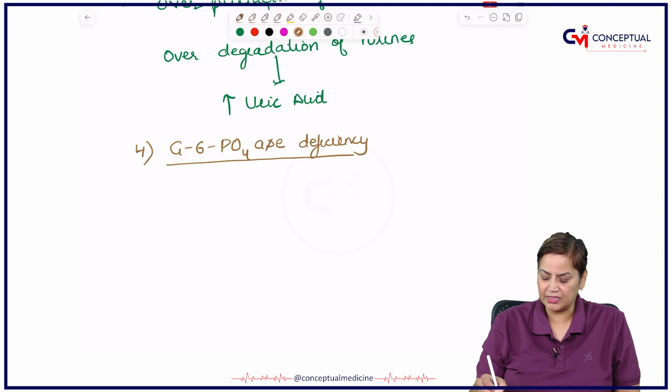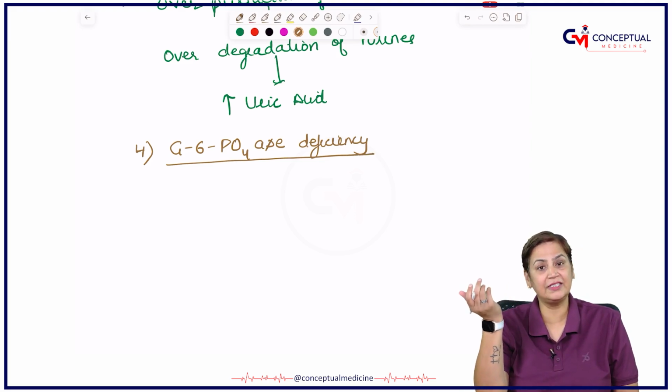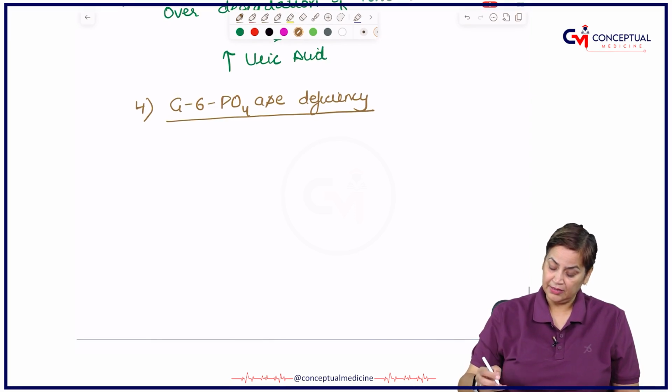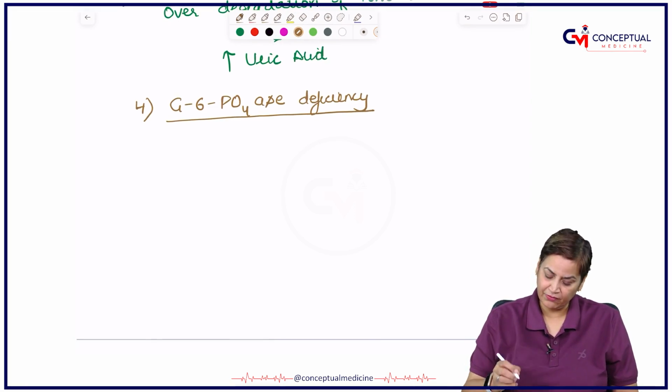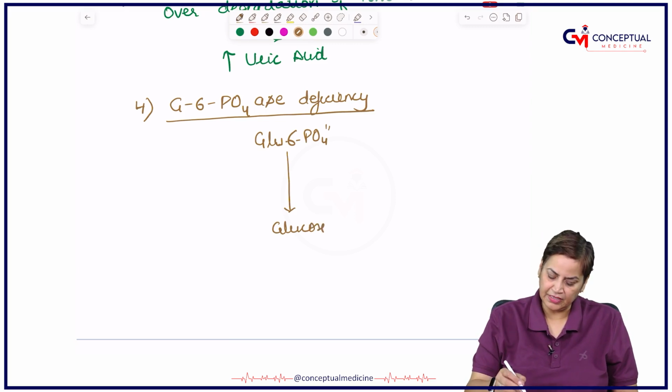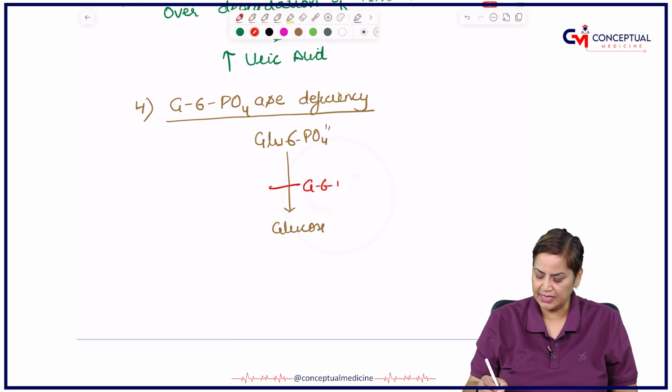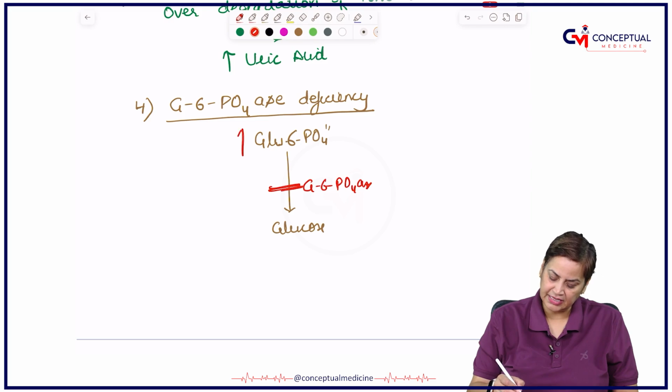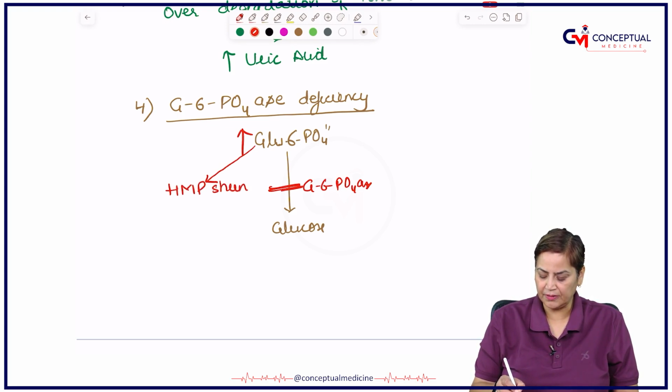This is von Gierke's disease. If you remember, glucose 6-phosphate has to be converted into glucose. But if the glucose 6-phosphatase enzyme is absent, it will lead to increased concentration of glucose 6-phosphate, which will be diverted to undergo the HMP shunt.